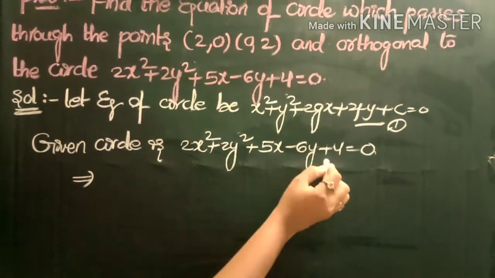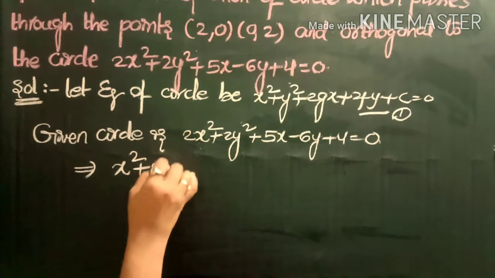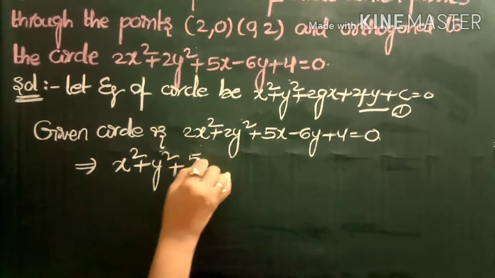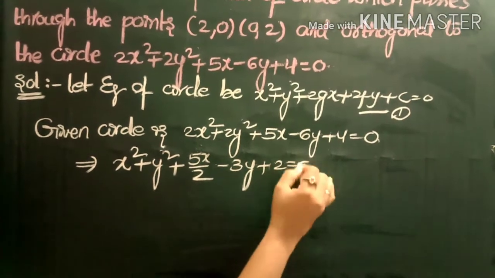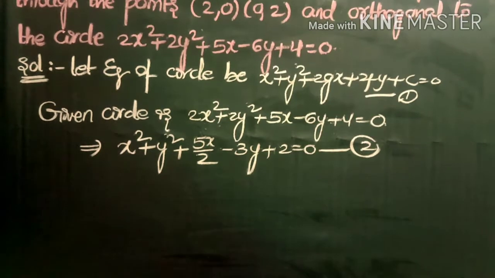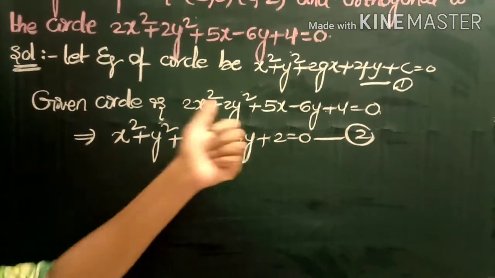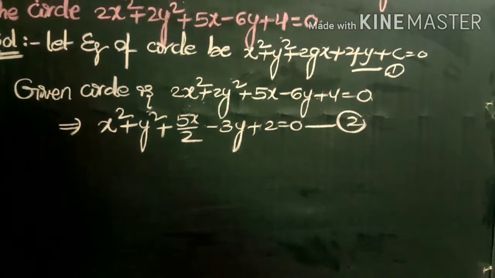First converting this equation to the standard form, that is dividing the total equation by 2. Then we get x square plus y square plus 5x by 2 minus 3y plus 2 is equal to 0. We are taking this as the second equation.